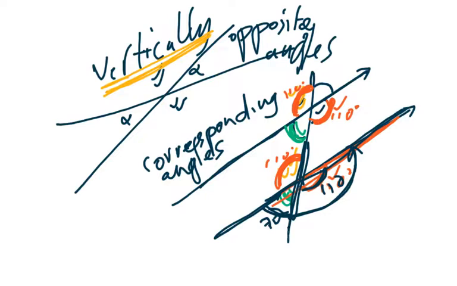Now, if this angle here is 70 degrees, it is vertically opposite to that angle there. Therefore, that angle should be 70 degrees. If that angle is 70 degrees, we can see that against these two parallel lines cut by that transverse line, that angle corresponds to that angle.